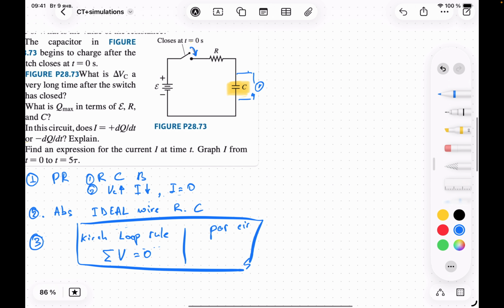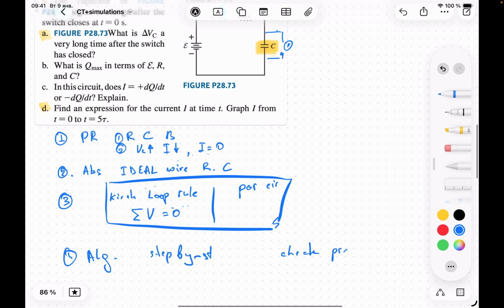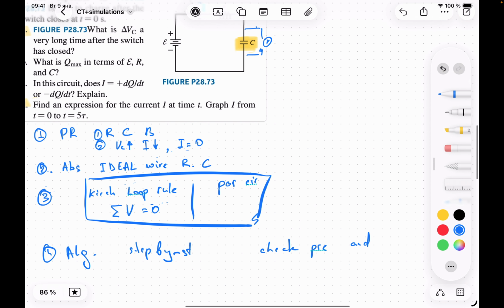The last one is the algorithm. Algorithm means step-by-step solutions, and checking the predicted final answer against the simulation answer. You can compare with the simulation.